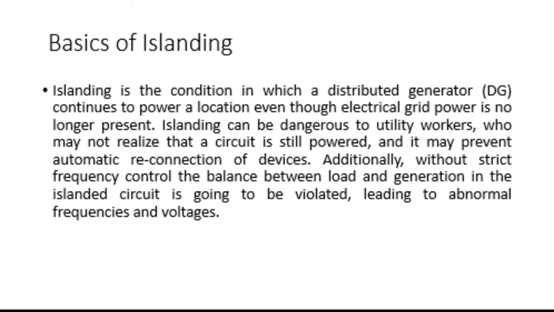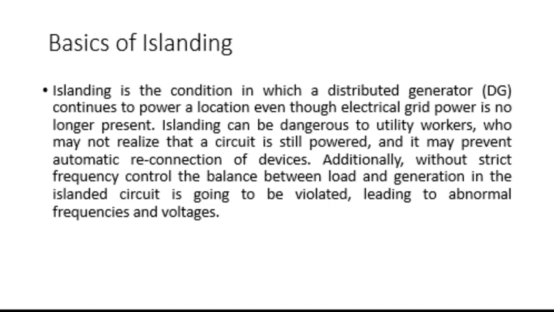As the voltage is reduced to zero, your distributed generators cannot work easily. This process is known as islanding, where the main grid power is no longer present, but still your DGs are working and continuously feeding. It will not feed at the frequency that should be available in the grid, because if you are generating from solar, you are generating DC, which is converted to AC through an inverter.